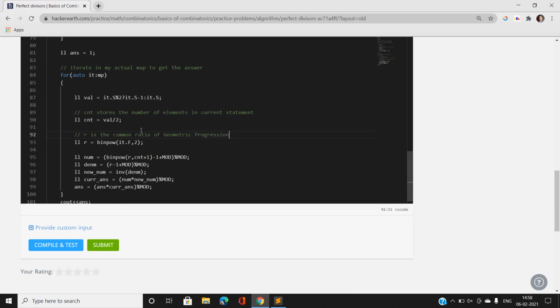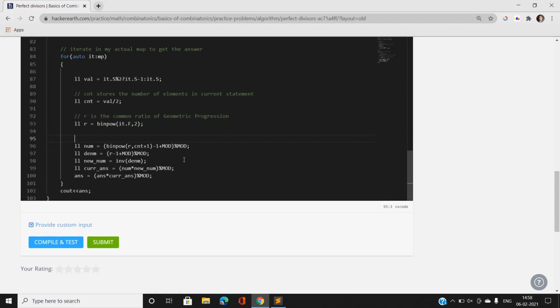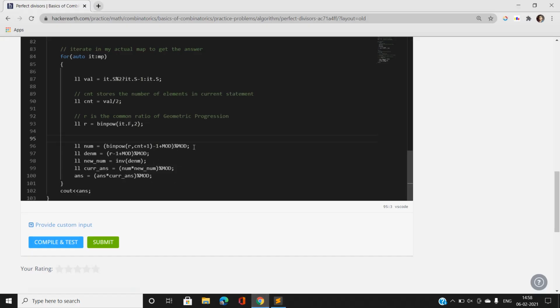Now let me write here, our new numerator would be our power count plus 1 minus 1 plus mod divided by mod. As I have already said, our numerator would become p1 power q1 plus 1 minus 1 divided by common ratio minus 1. So our numerator would become this, and our denominator would become this, that is r minus 1 plus mod.